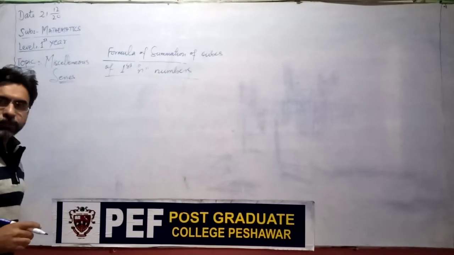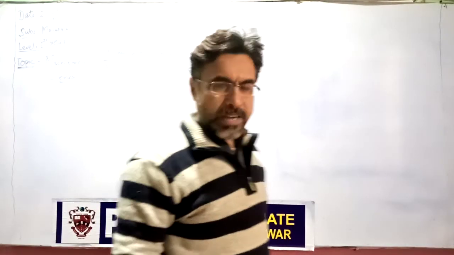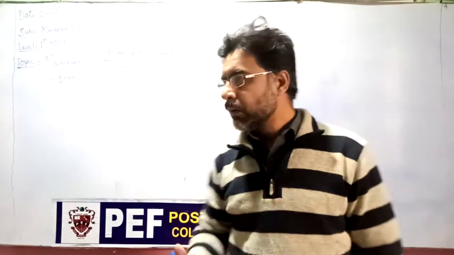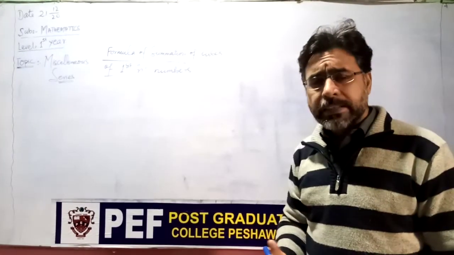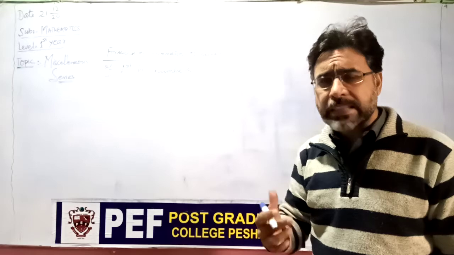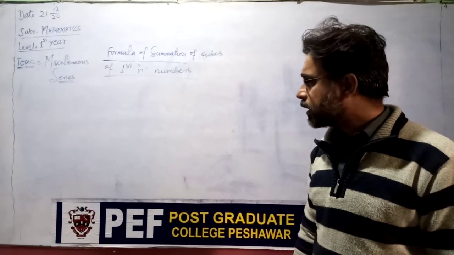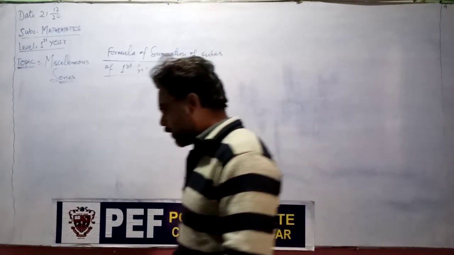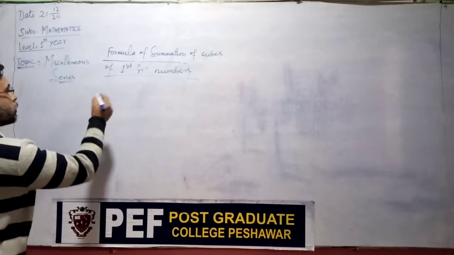We are going to develop that shortcut formula, which will be utilized to find the sum of the cubes of the first n natural numbers. So for that, dear students, in the previous lecture we had done a lot of work. So let's prove it.